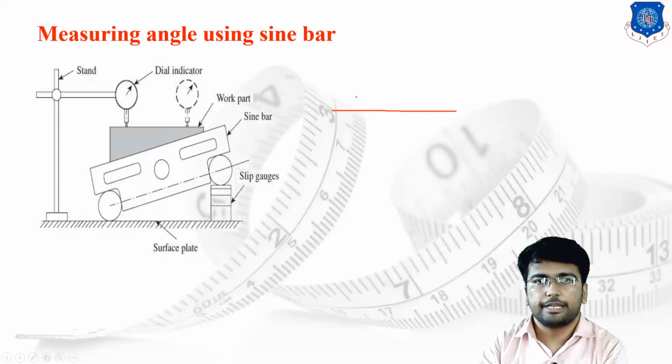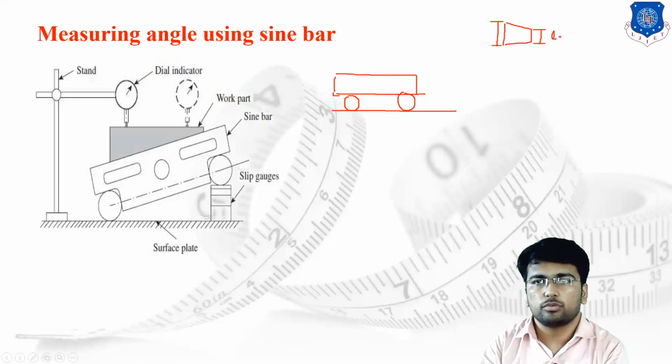Suppose this is our datum surface, and two identical rollers have been provided like this. A tapered, conical, or we can say trapezoidal surface has been provided, having one length, say L1, and another length, L2.